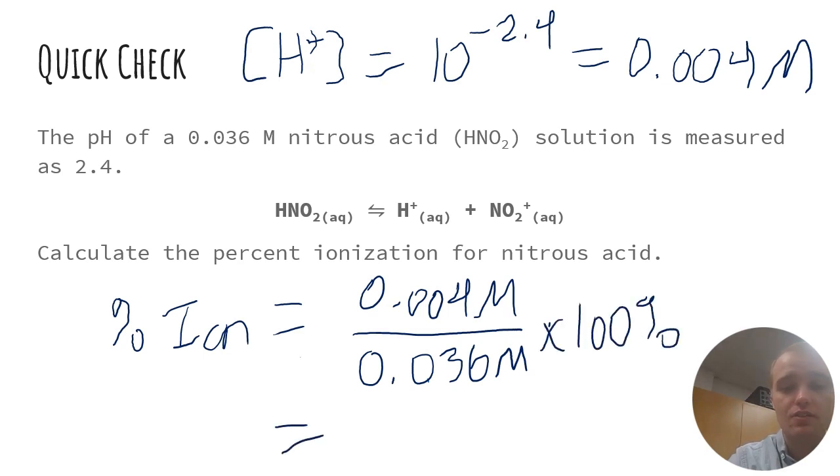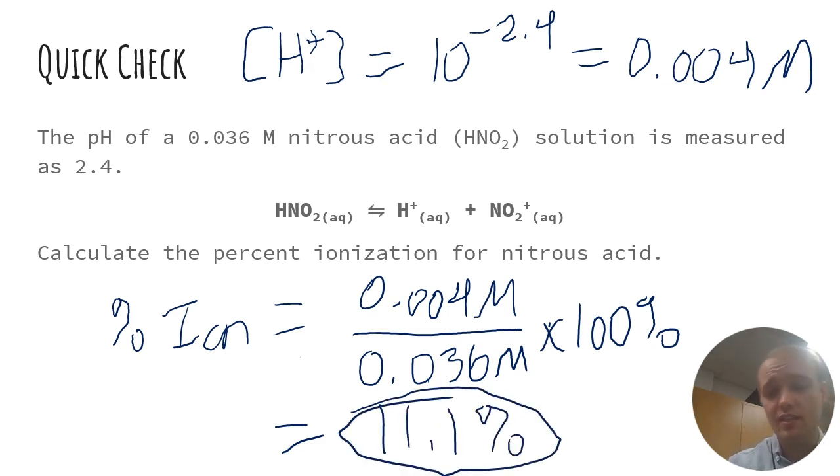And whatever that comes out to is our answer. So we'll take 0.004, we'll divide it by 0.036, and then we'll multiply it by 100, and rounding, we're about 11.1%. So really, pretty weak acid overall.